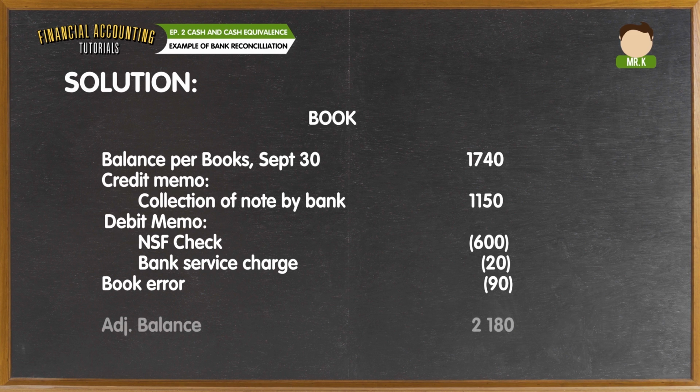And the adjusted book balance is 2,180. It should be noted that adjusted book balance should tie up with the adjusted bank balance.